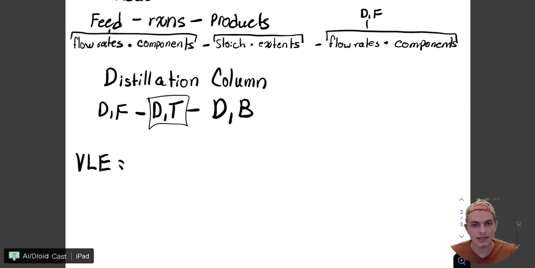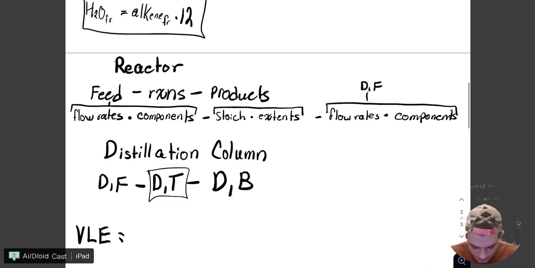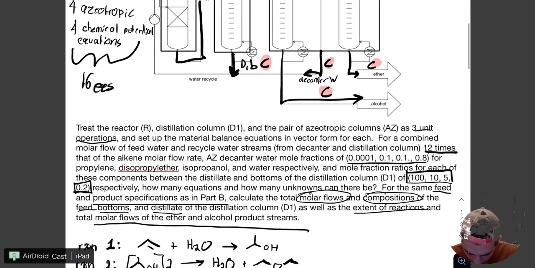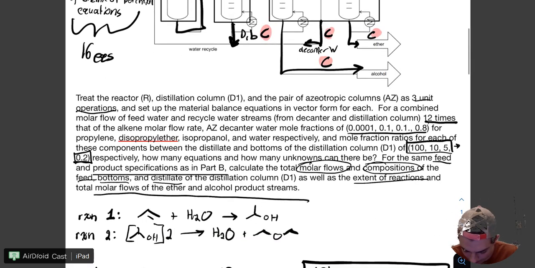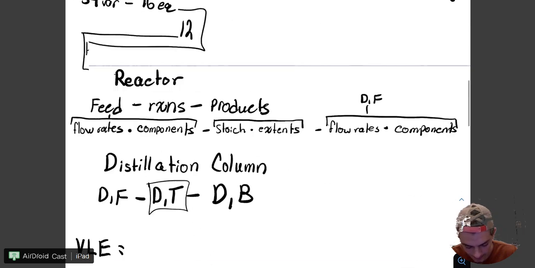And basically we are told this value here. Let's go ahead and call that array D constant, DC.